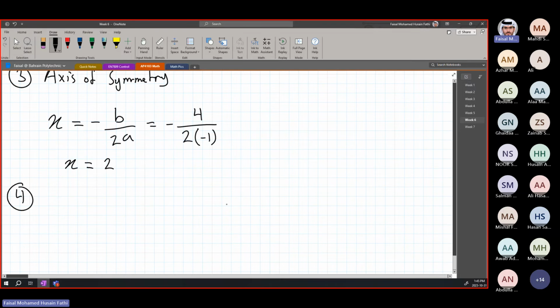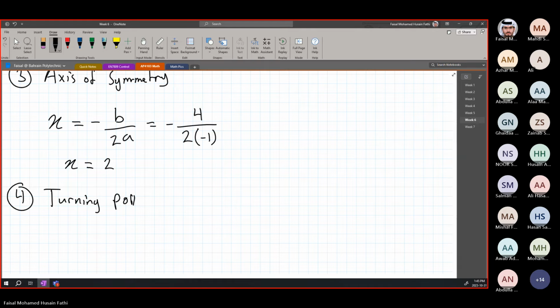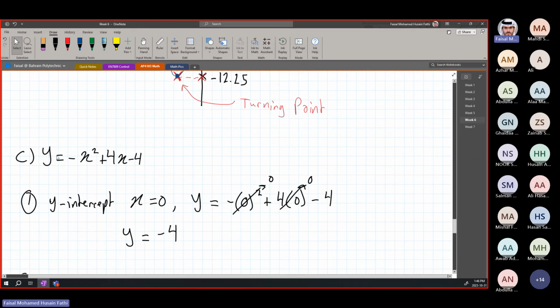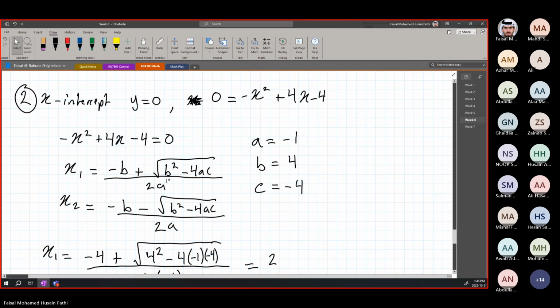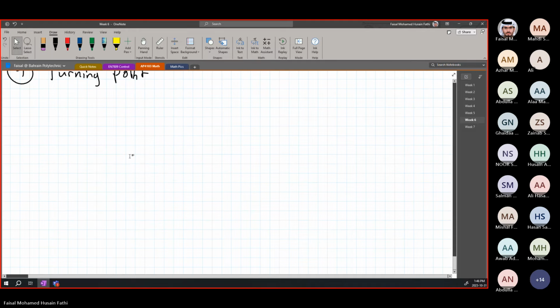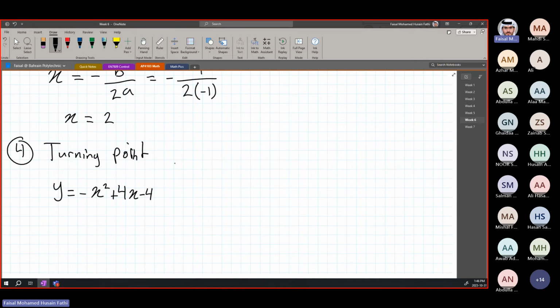Step 4 is finding the turning point. Okay? Turning point, you just substitute back into the main equation. This is the equation we have. What are we going to substitute? X equal to 2, the value here.